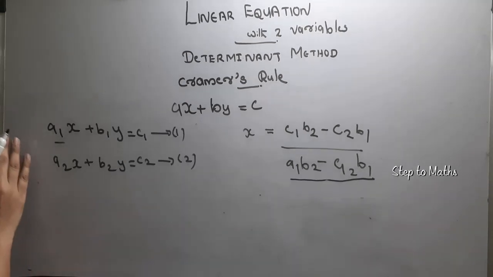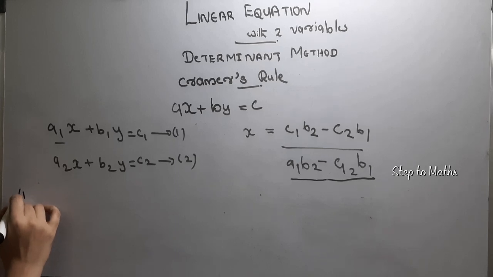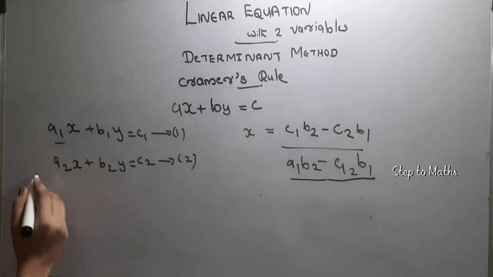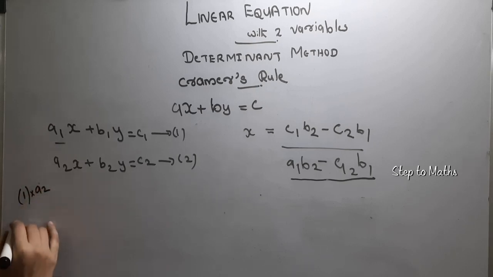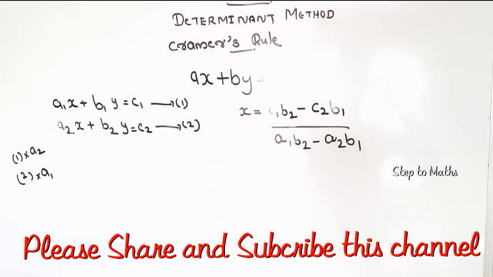Next, we have to equate the coefficients of x. For that, we multiply equation 1 by a2 and equation 2 by a1.